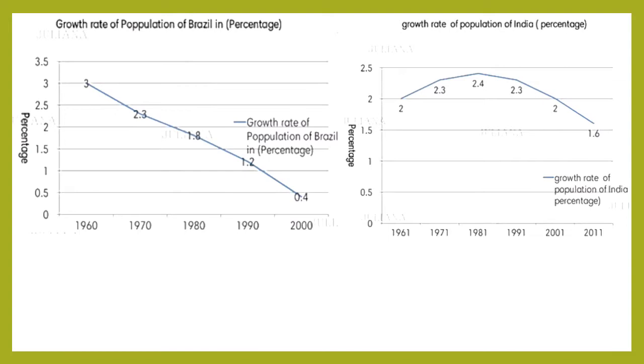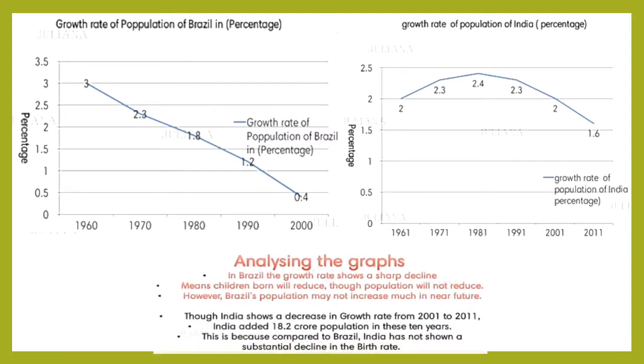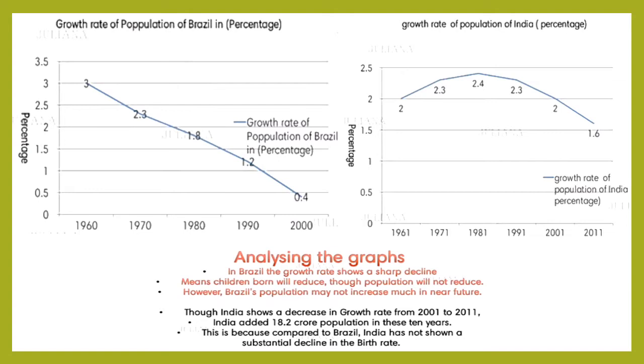If we analyze this graph, both the graph of Brazil and India, what we see is that the growth rate is declining. Here you can see that the growth rate from 1960 was 3 percentage, then in 1970 it declined to 2.3 percentage, then 1.8 percentage, 1.2 percentage and 0.4 percentage. A sharp decline. Does it mean that children are not born?